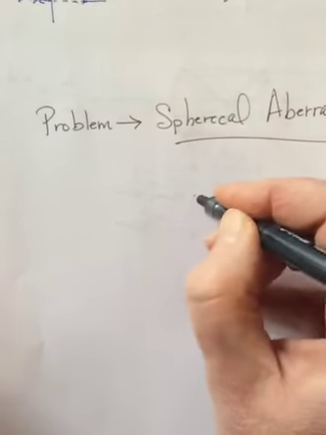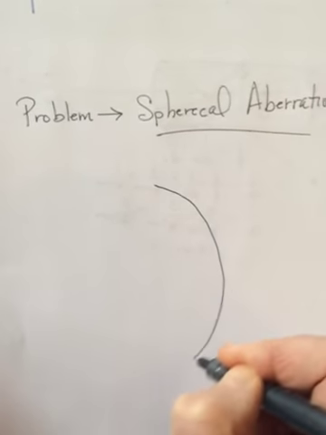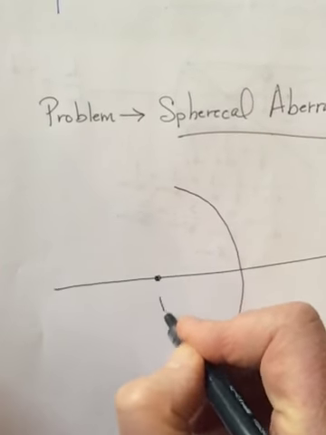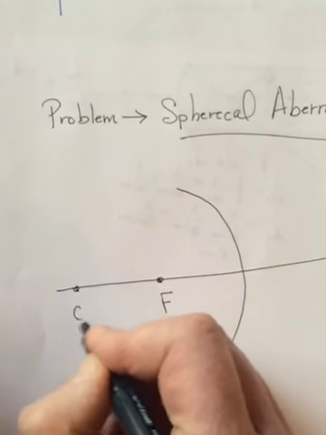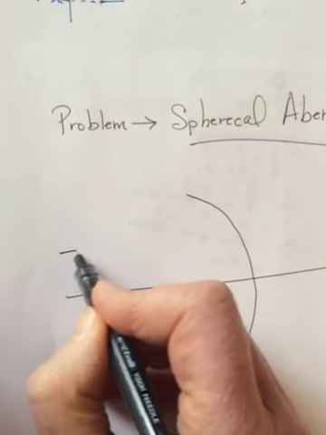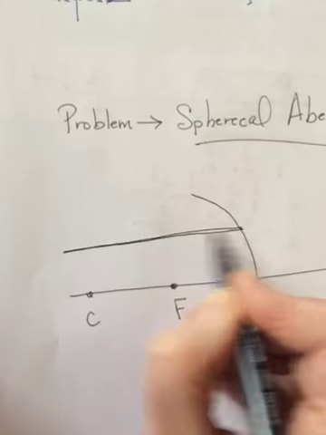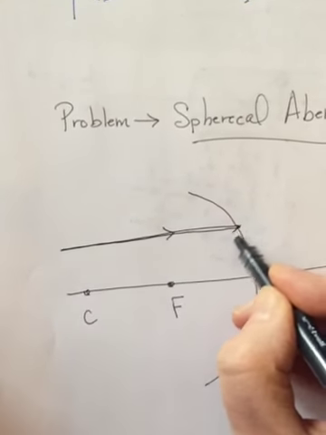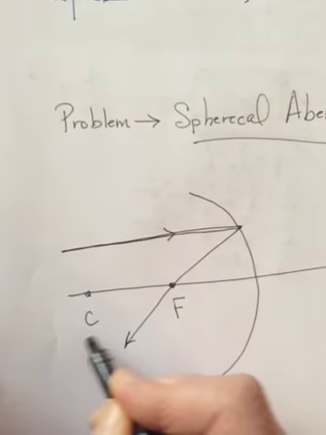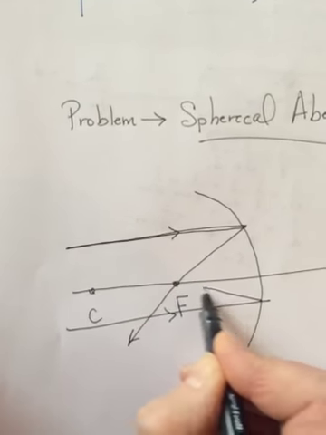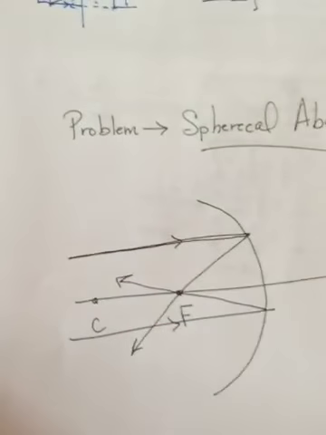I'm going back to a concave mirror to show it. So here's my concave mirror, here's my F, here's my C. What we said for concave mirrors was that rays coming in parallel to the principal axis will get reflected through F.